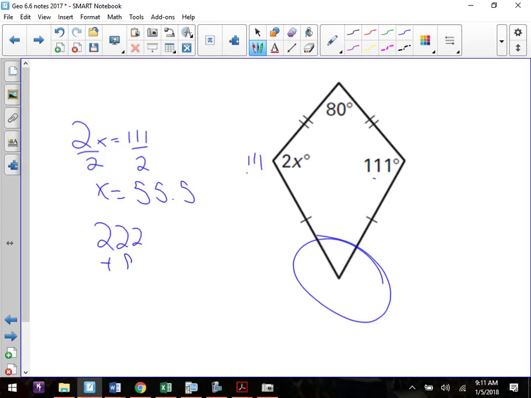Add the 80. How much is left to get you to 360? 50. Just write it out. Don't get out ahead of yourself. Okay. Again, the math isn't tough. It just takes a while to go.